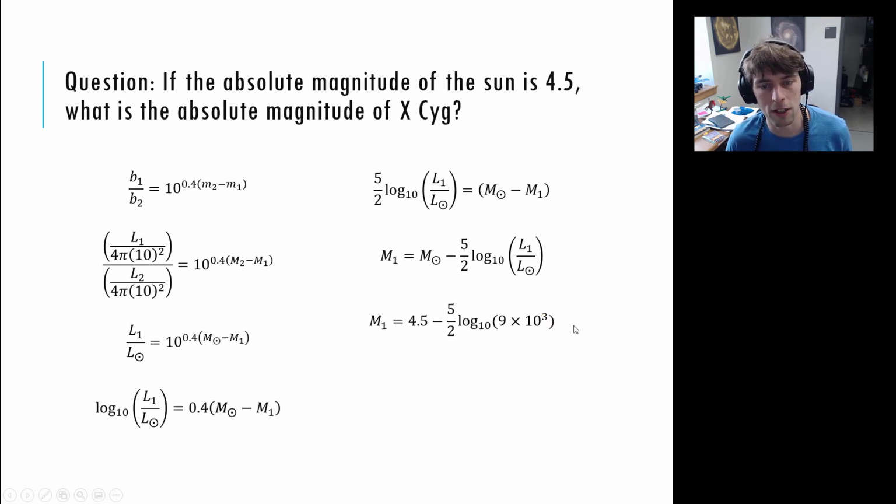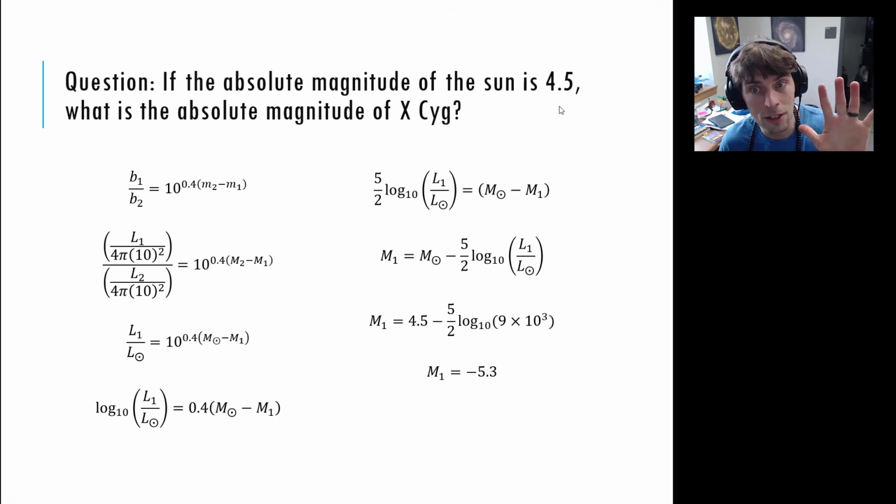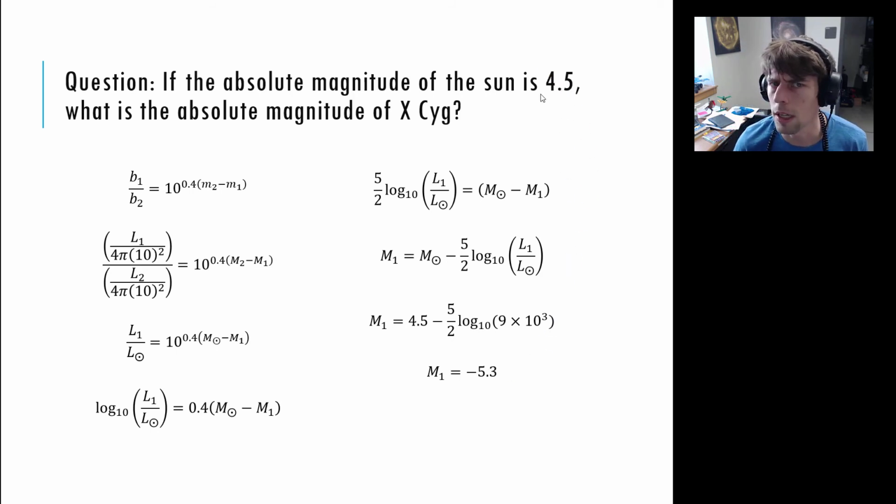We just throw in the magic, and we get that the absolute magnitude of X Cyg is negative 5.3. Almost 10,000 times brighter than the sun, as we expected. Remember, a difference of 5 magnitudes is a factor of 100. So we have a difference of roughly 10, which would be a factor of 10,000, which we knew already.